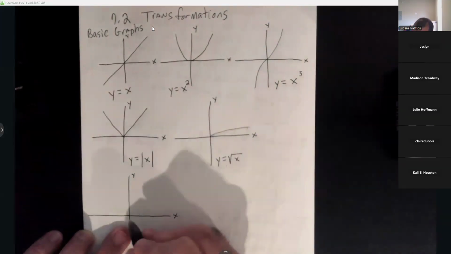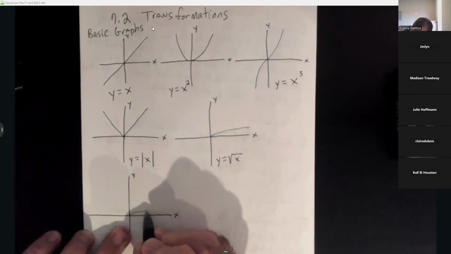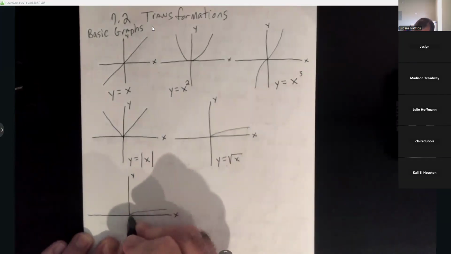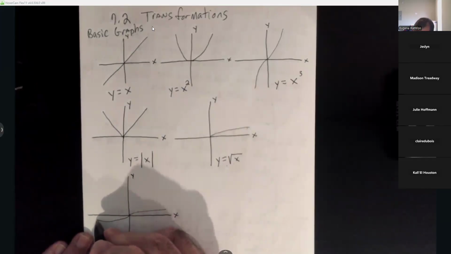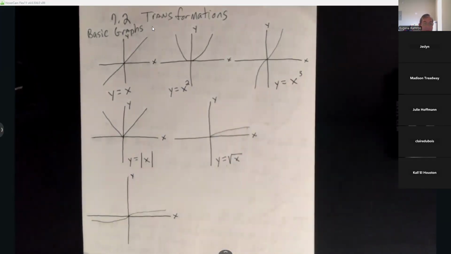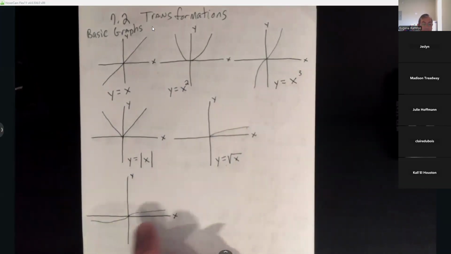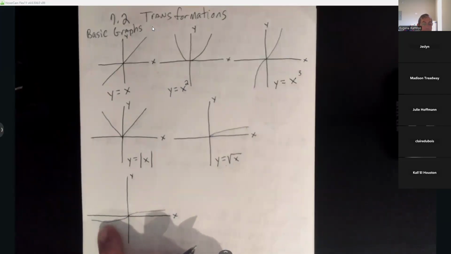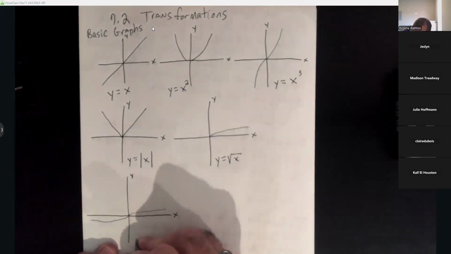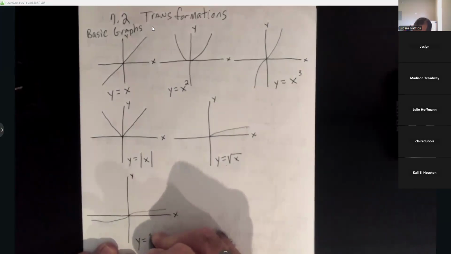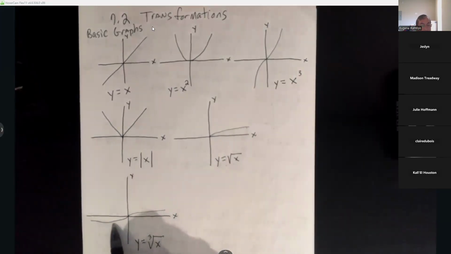All right, we got one similar to that, not quite as tall, but this one does go to the left side. Okay, so this one slowly goes up to the right and slowly down to the left. This is the y equals cube root of x. So you can take a cube root of a negative number, okay?